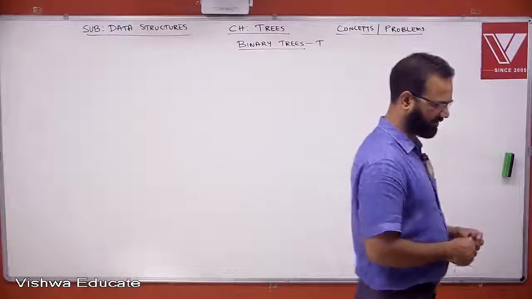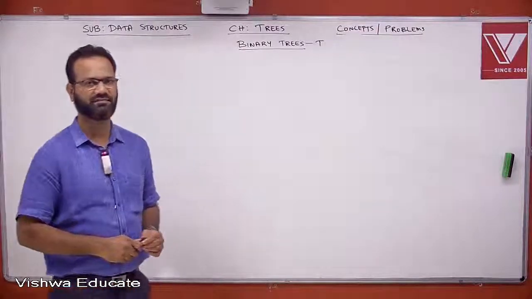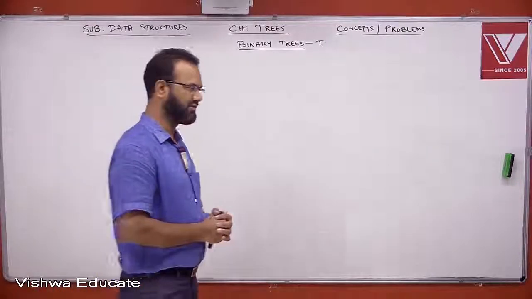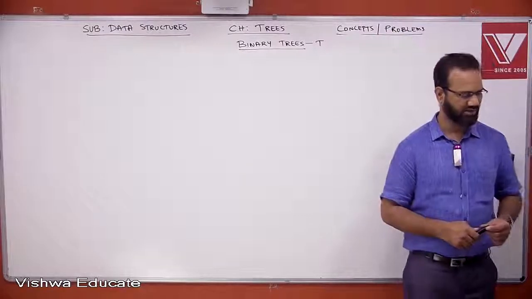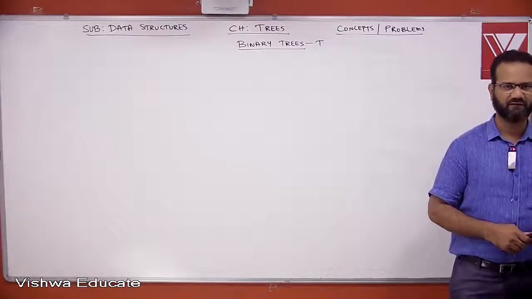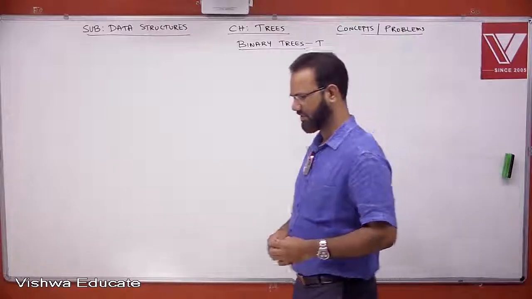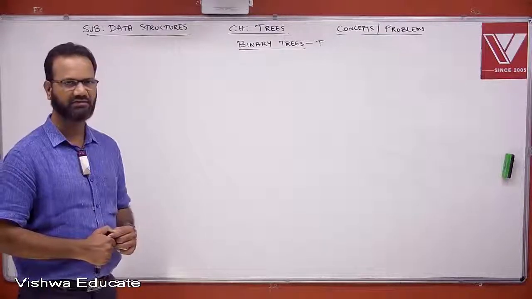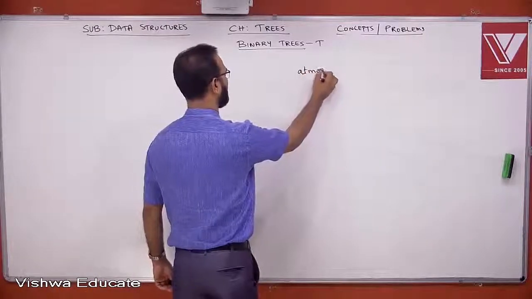A binary tree can be empty, comma, if it is not empty, contains a root element, with each node in a tree containing at most two child nodes.